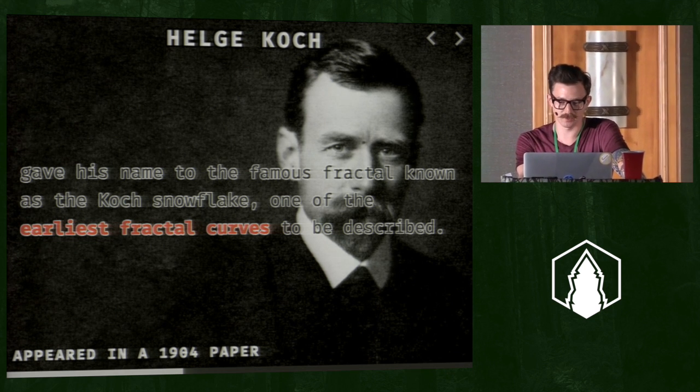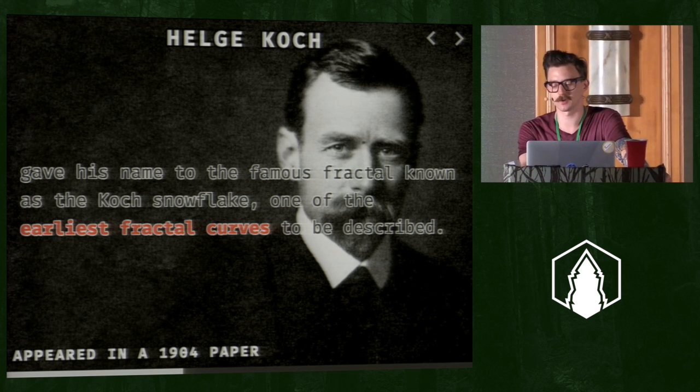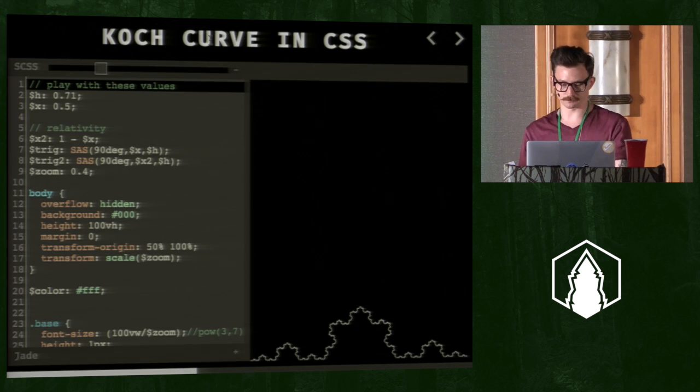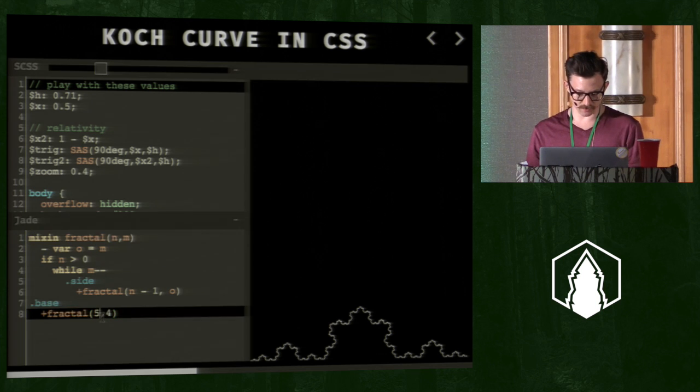Another very famous mathematician was Helge Koch, and he actually made one of the most famous fractals. It's the Koch snowflake, and it's based on the Koch curve. And this is actually a fun one. So in the beginning, we have just a simple line.